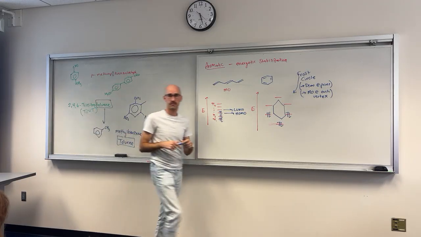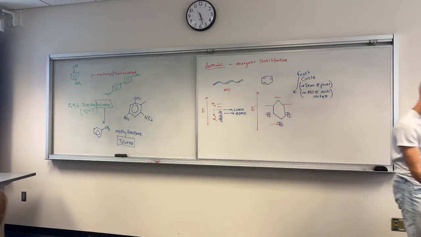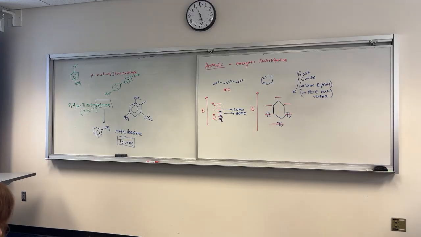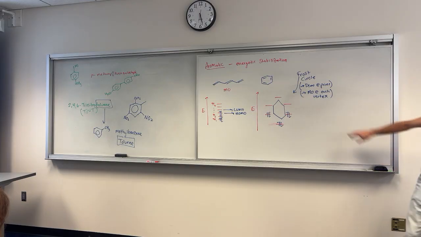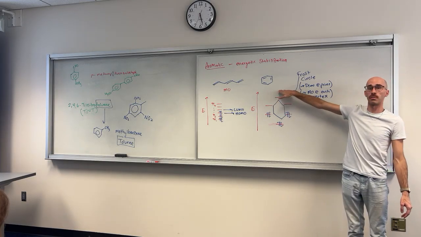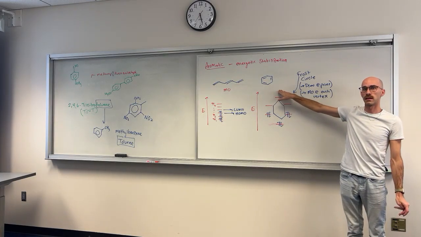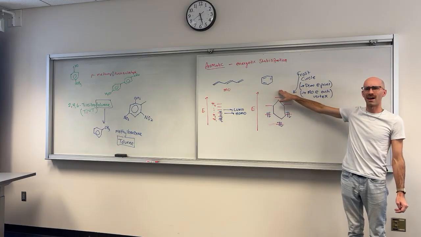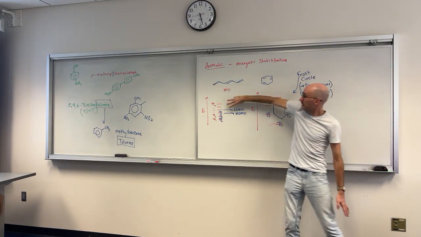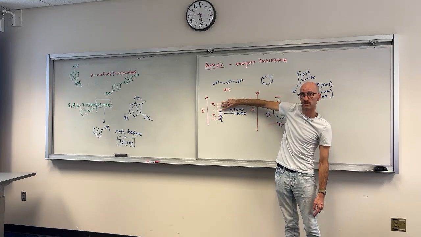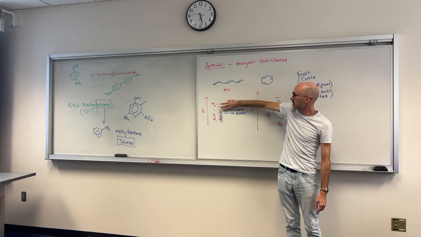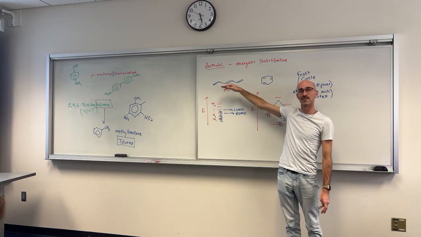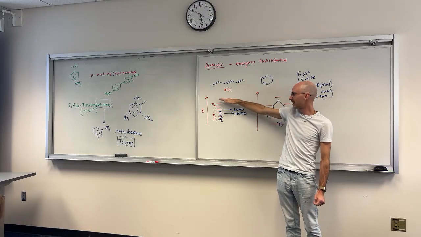So why don't we care about the star anti-bonding orbitals? We can care about them. These up here are pi star. Anything that is above halfway is a star orbital, anti-bonding.